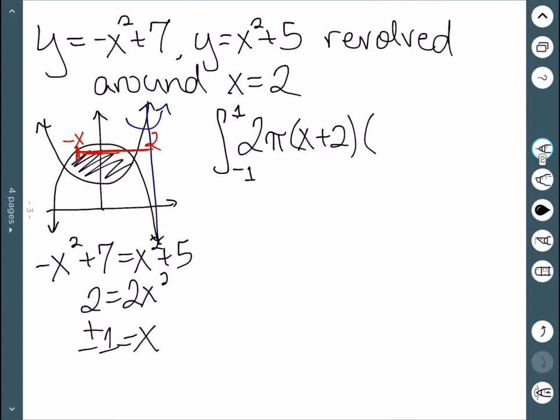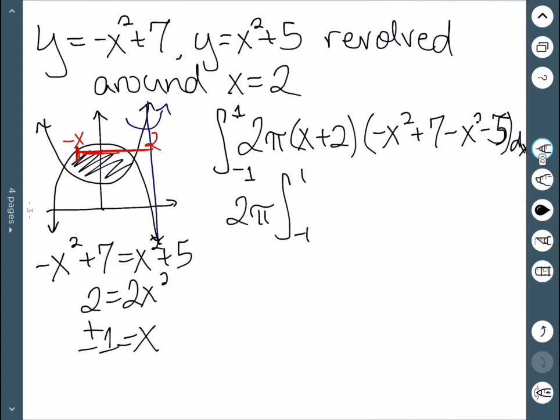And then we're going to deal with our function. We do the top minus the bottom, dx. Simplifying then gives us negative 2 pi times the integral from negative 1 to 1 of minus 2x cubed minus 4x squared plus 2x plus 4 dx.